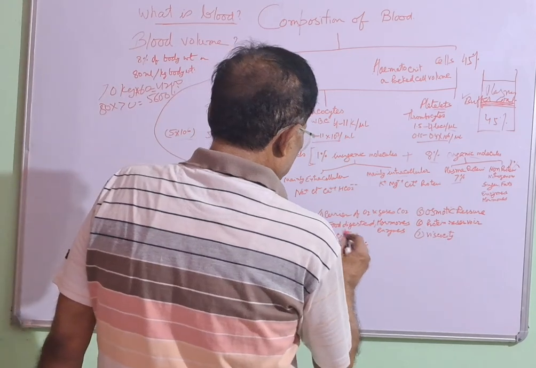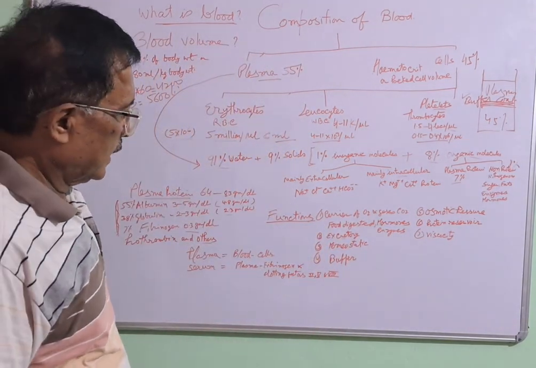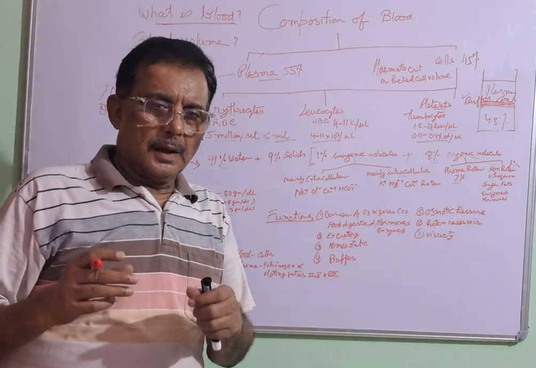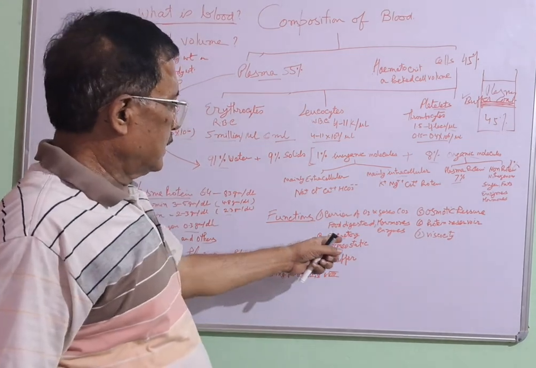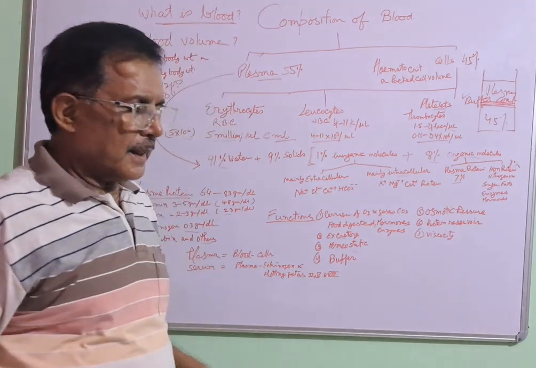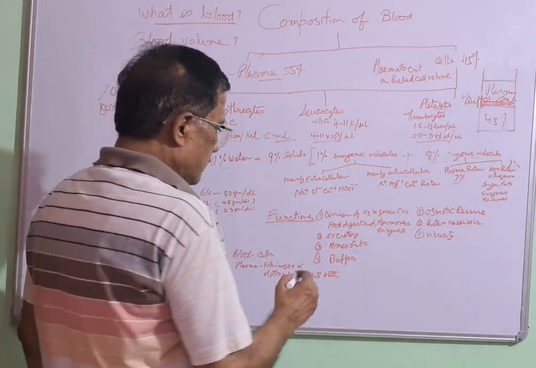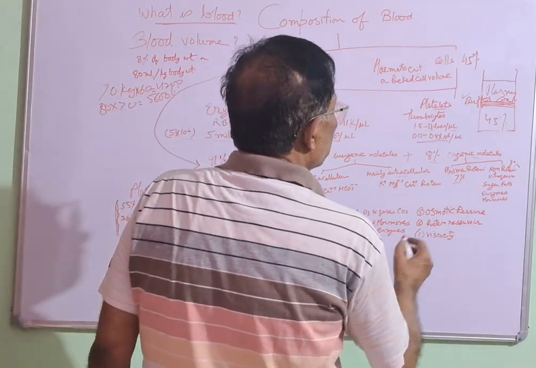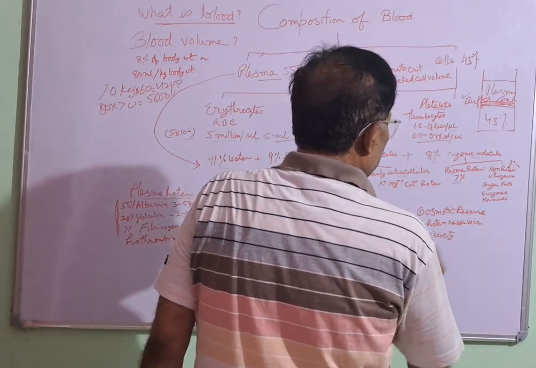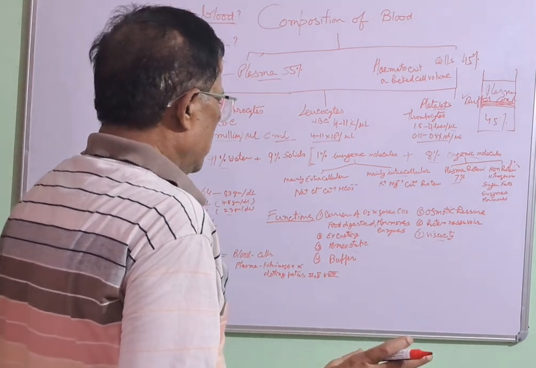Then excretory function: it also carries urea and other things to the kidney so that filtration will occur and blood is purified. Homeostatic function: it controls the internal environment of the body. Then it acts as buffer. Then it exerts osmotic pressure by virtue of plasma protein. Protein reservoir, viscosity, and these are the main functions of blood.